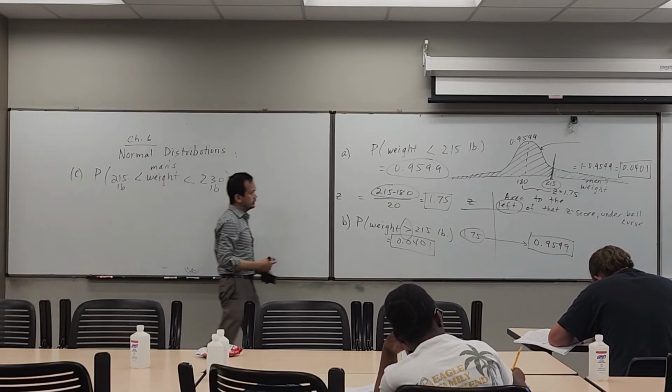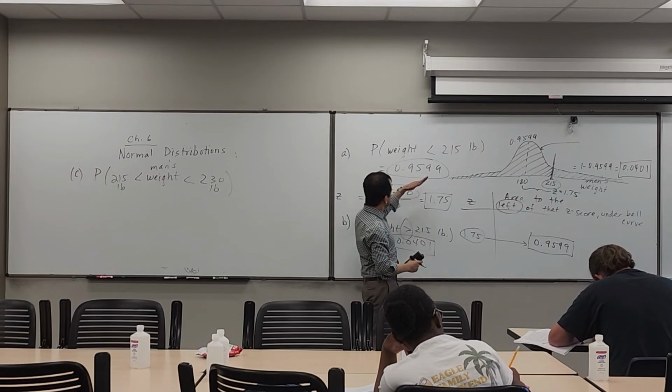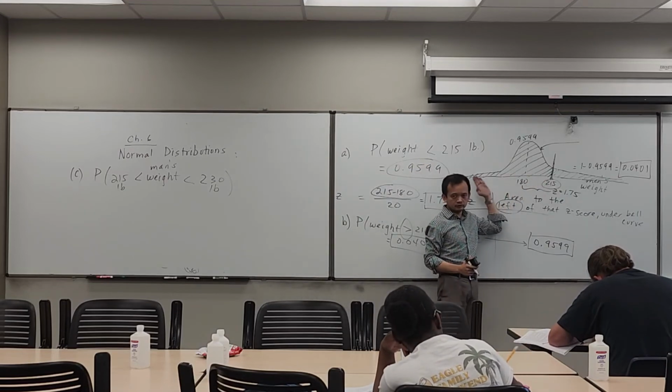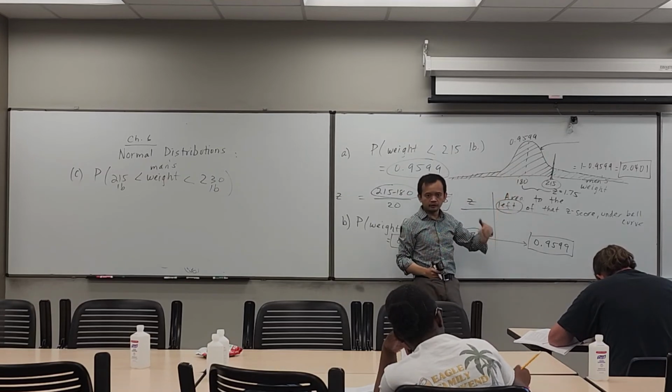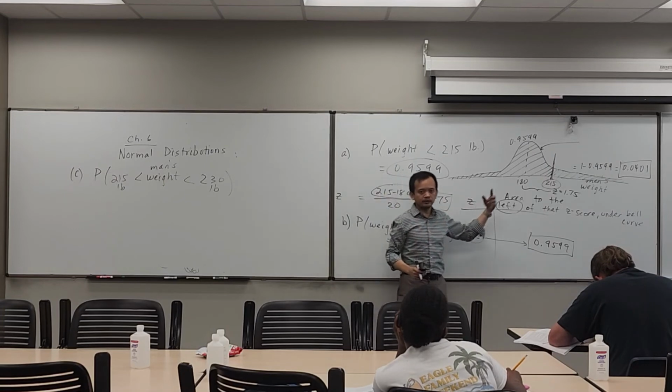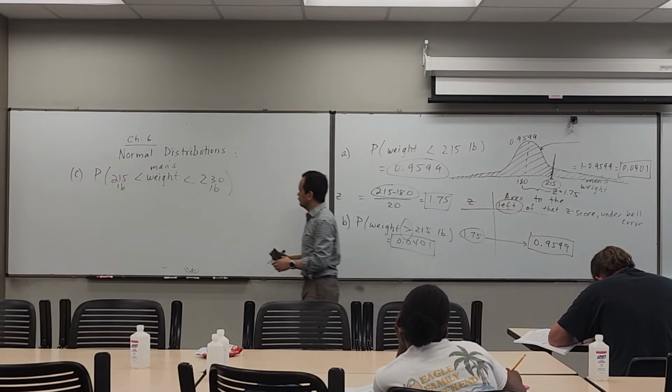So to recap what we've already done, given a data point, we know how to find the area to the left under the bell curve by finding the z-score and then looking it up in the chart. We know how to find the area to the right by subtracting that left area from 1.